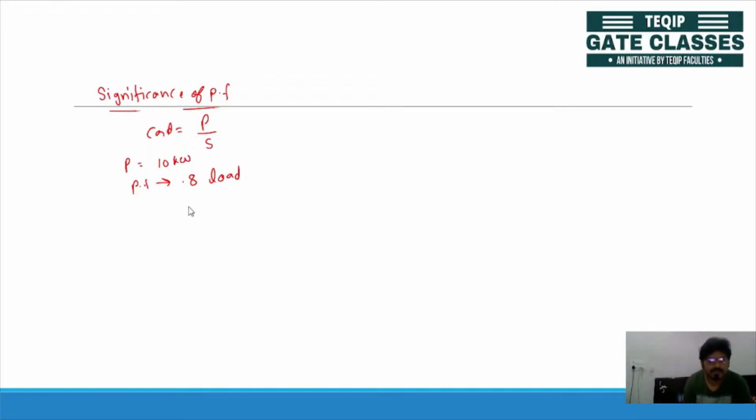What amount of power will the source deliver, what amount of power do you need from the source? You need your S as P by cos phi. If you have a 10 kilowatt load and your power factor is 0.8, how much power will you draw from the source?